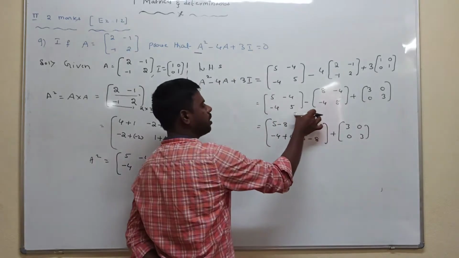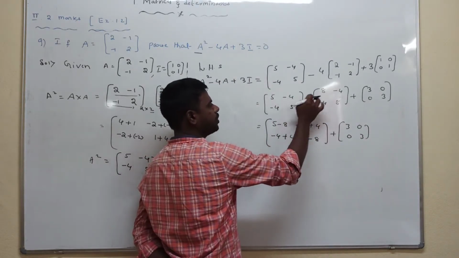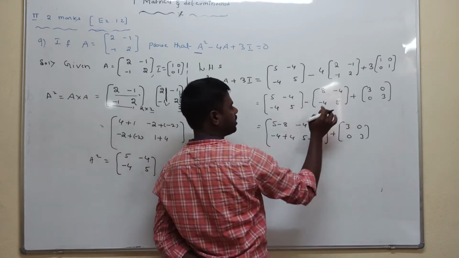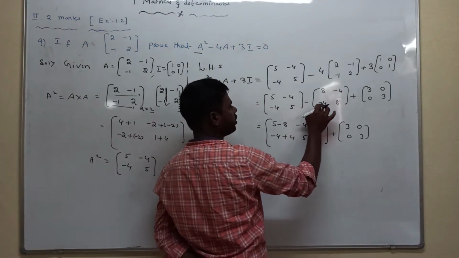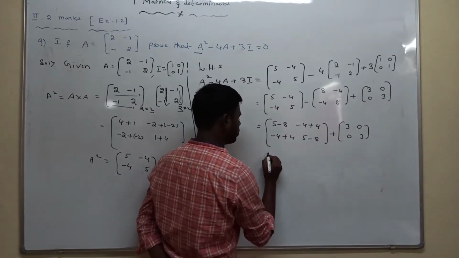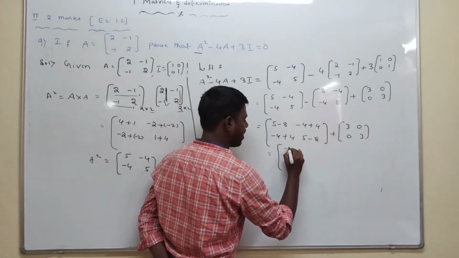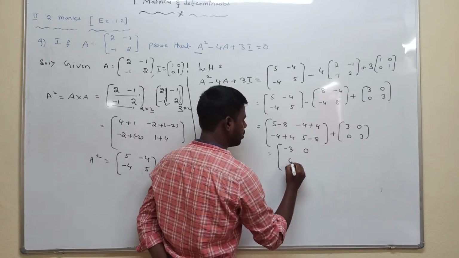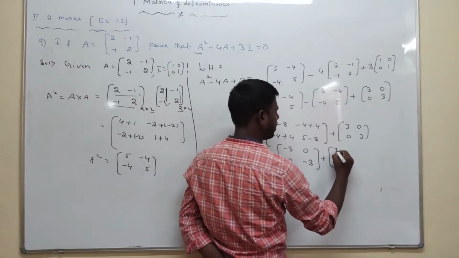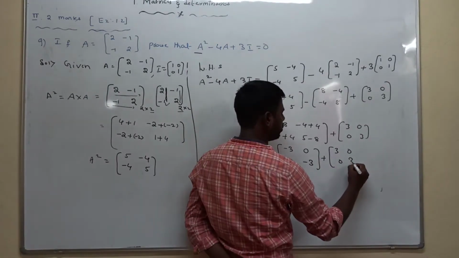Now subtract the corresponding elements of those two matrices: 5 minus 8, minus 4 minus minus 4 gives plus 4, minus 4 plus 4, 5 minus 8. Now simplify. 5 minus 8 is minus 3, 0, 0, minus 3, plus [3 0; 0 3].